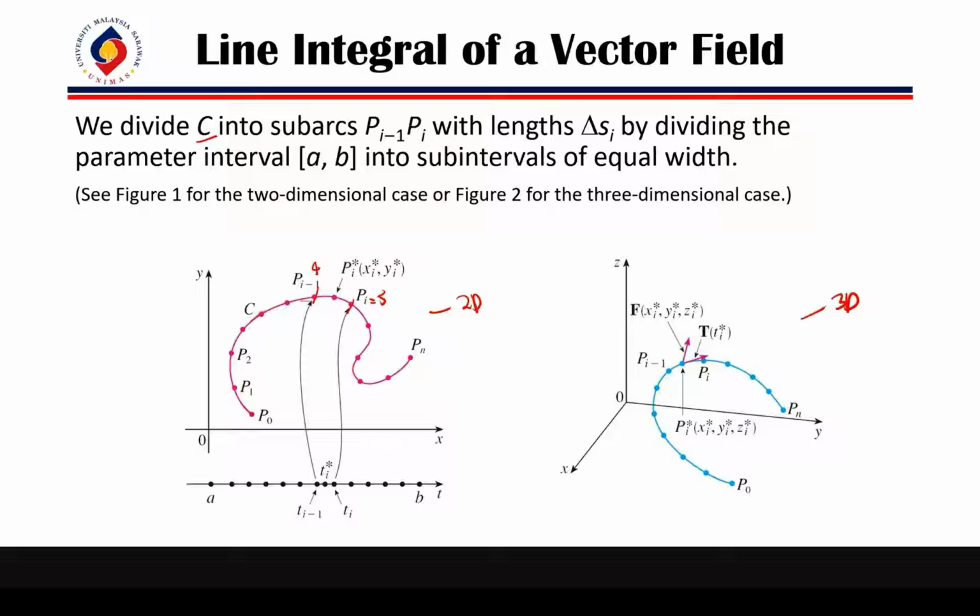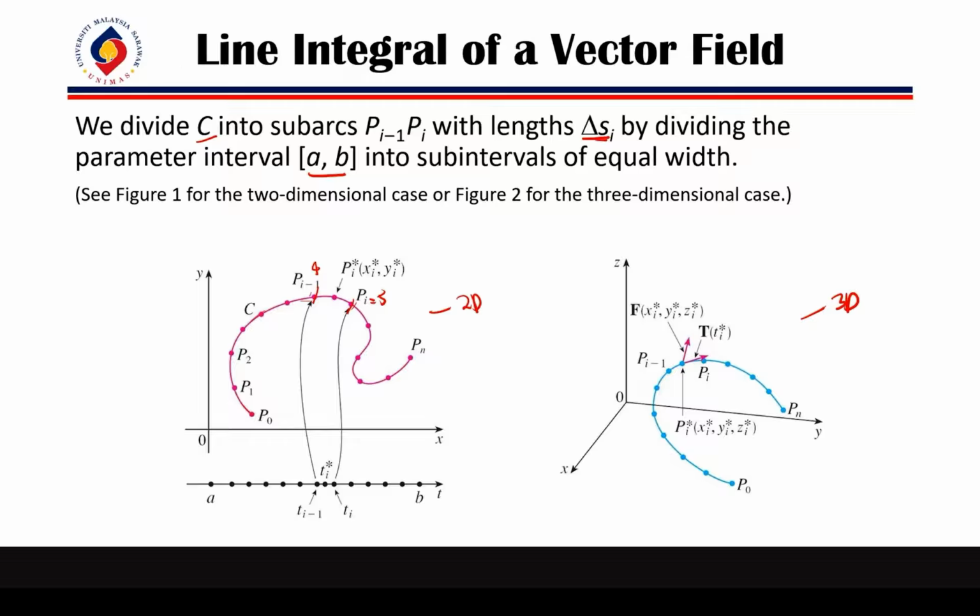So that means we divide the curve into small curves, with the length of ds here meaning the smallest displacement, by dividing the parameter interval a to b into sub-intervals. So that means we have divided. This one is for the two-dimensional, and for the three-dimensional we can refer to this case.